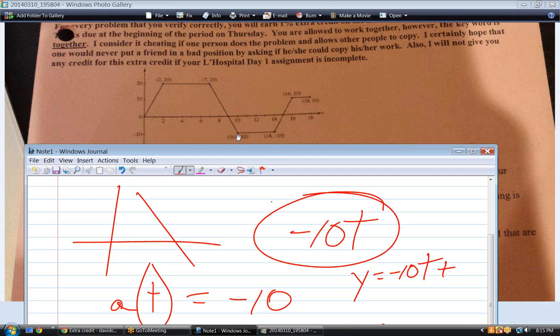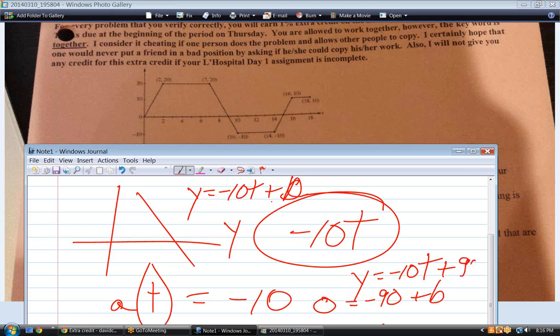Or an x-intercept. And we know that if I say y equals minus 10t plus some y-intercept, plus b, and I know that at time equal 9, y is 0, so now I can say 0 equals minus 90 plus b. b is equal to 90.